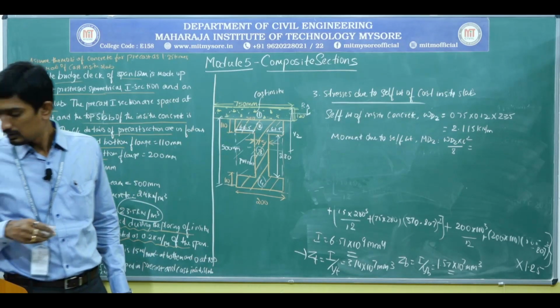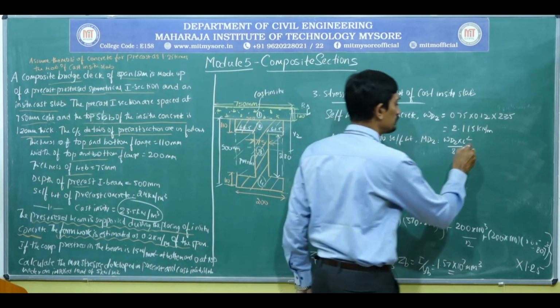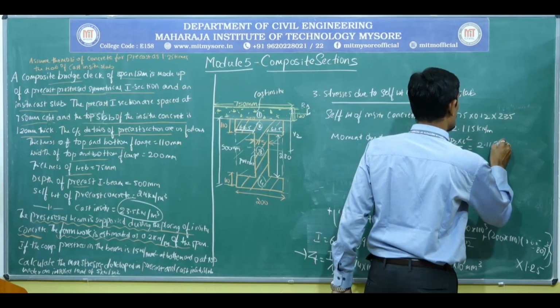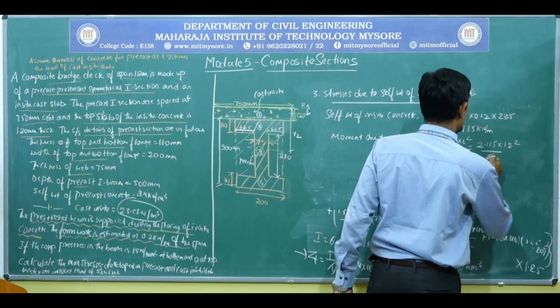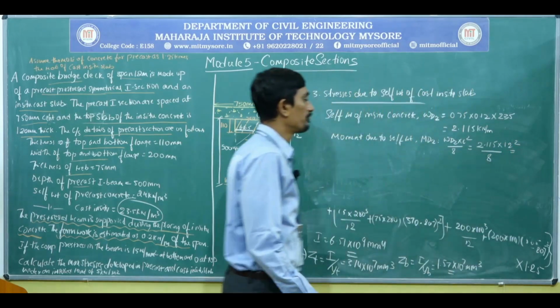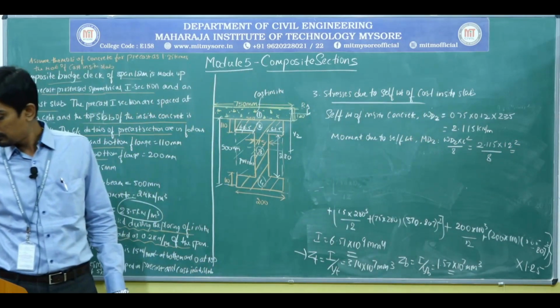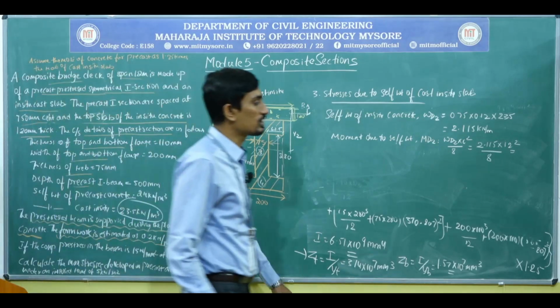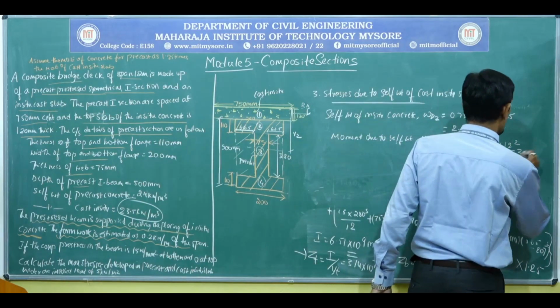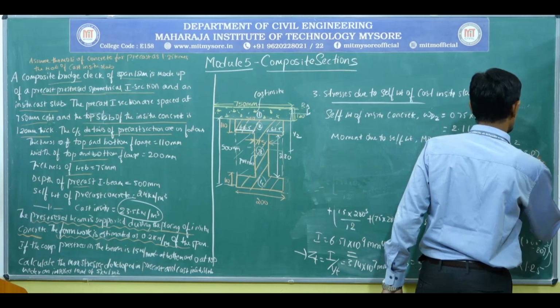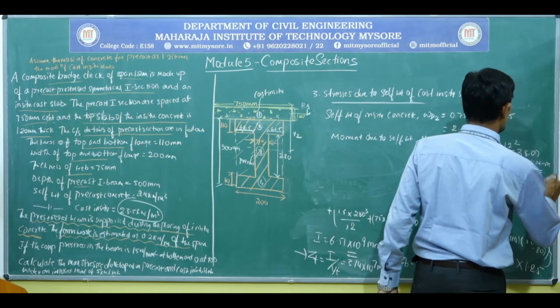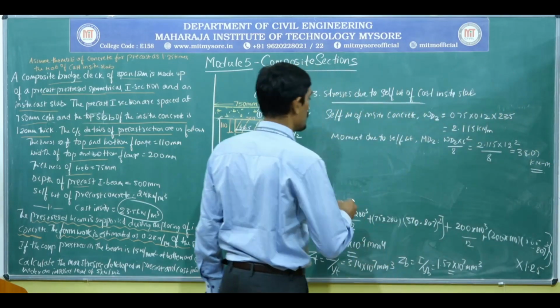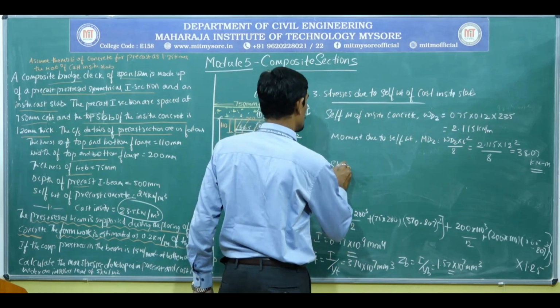That is 2.115 into 12 square by 8, so the answer will be 38.07 kilonewton meter.